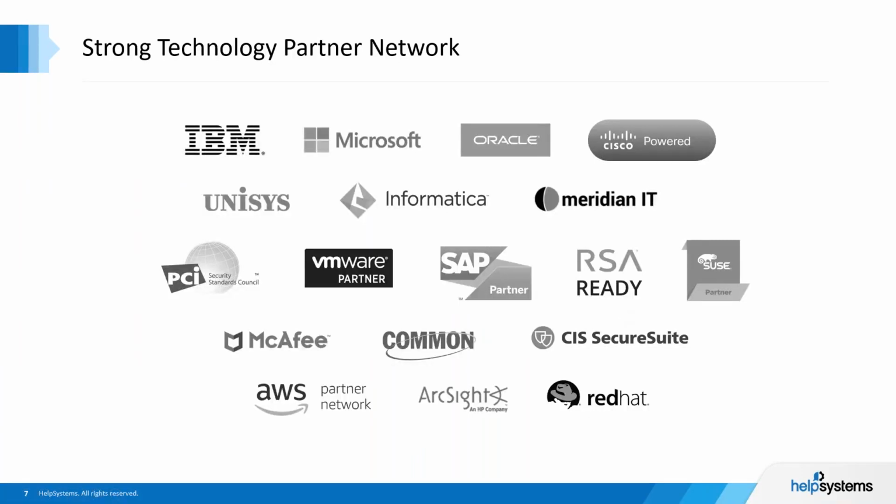We also have many strategic partners, as you'd imagine, for a company of our size, like IBM, Microsoft, SAP, etc. We also belong to IT organizations such as ISACA and PCI for security.